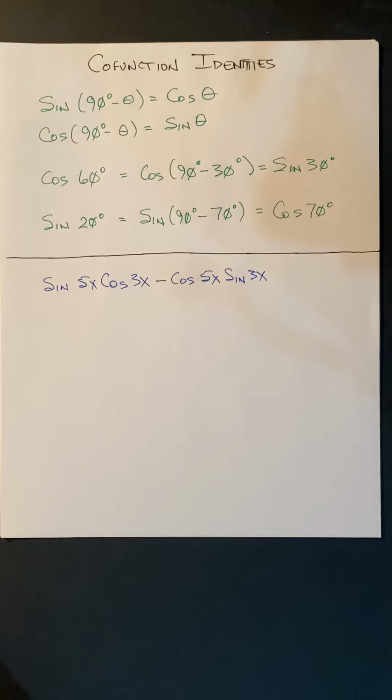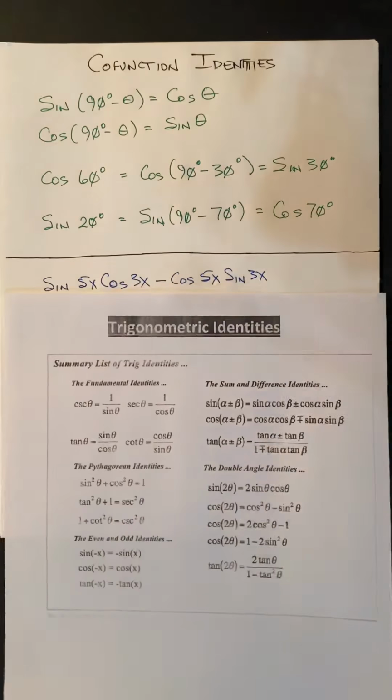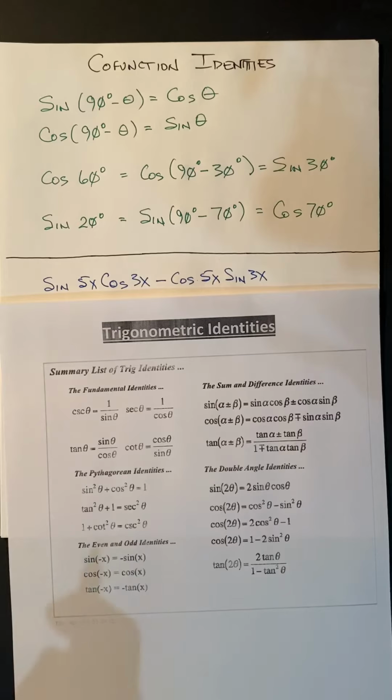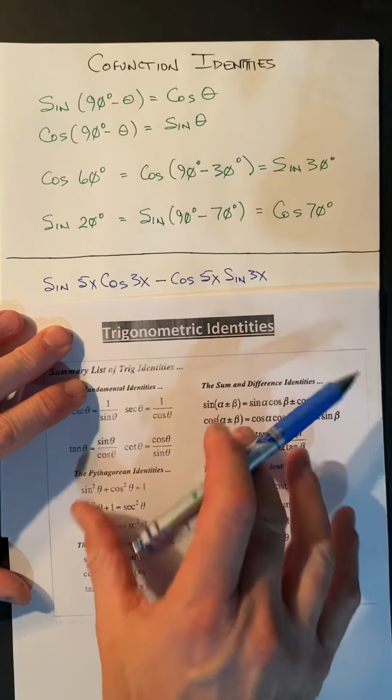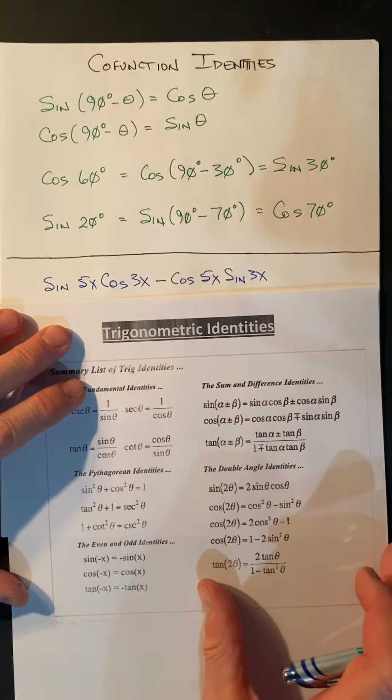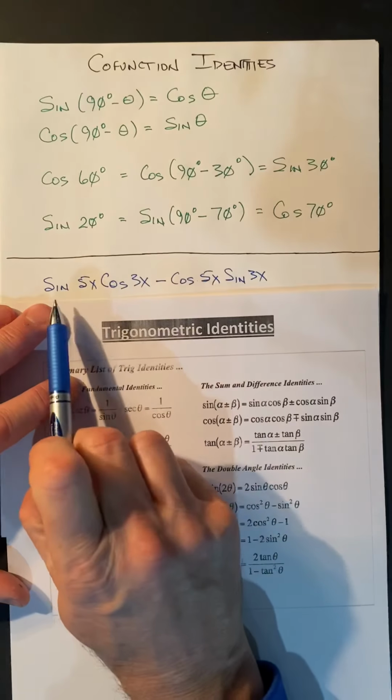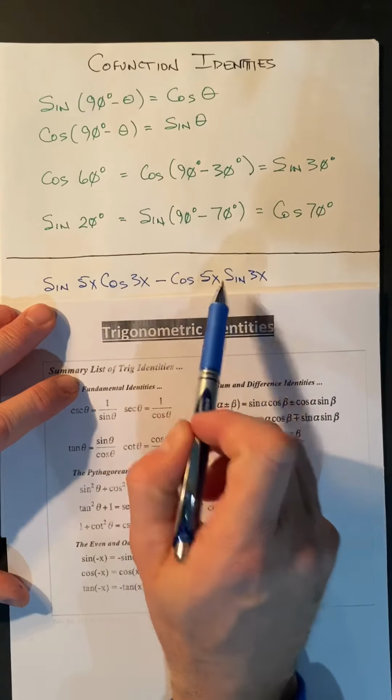Well, the important thing there is to think about some difference identities. Again, this is something you want to have right beside you while you're doing your work. So I see sine and cosine, cosine and sine.